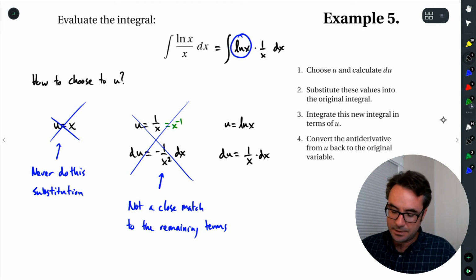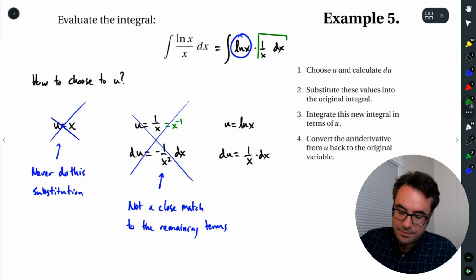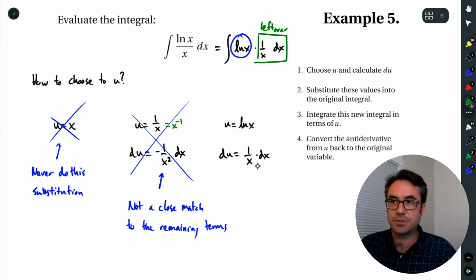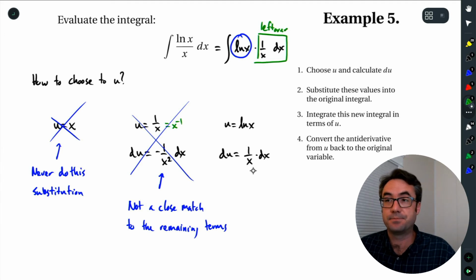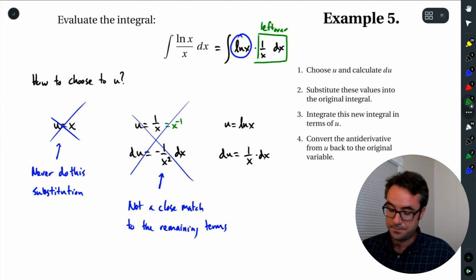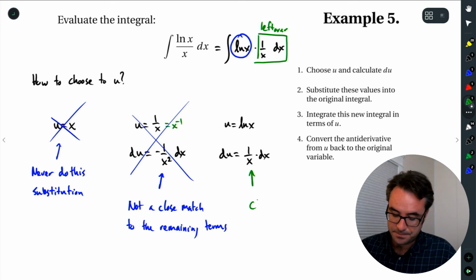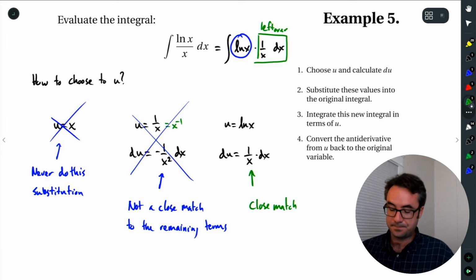And if we look, what are our leftover terms? These are our leftover terms. And that matches up perfectly with what we calculated for du. So this right here is a close match to our remaining terms.